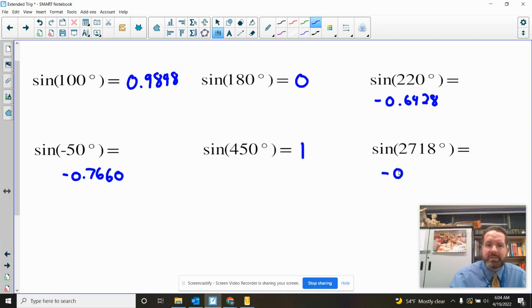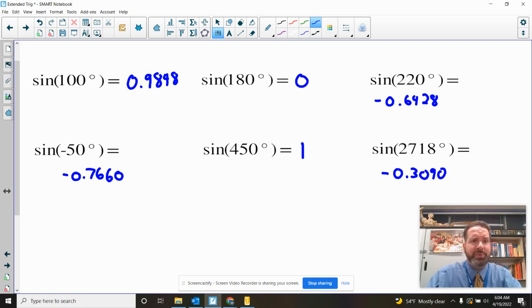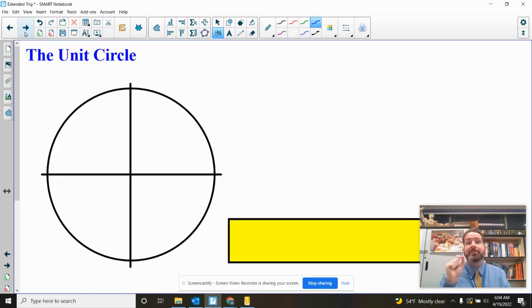Another negative 0.3090. Okay, so somewhere along the way, mathematicians must have decided that to do a sine of an angle that can't possibly have come from a right triangle, there is a method. Otherwise, we wouldn't be getting these numbers. Our goal is to understand what that method is, and it comes from right here.